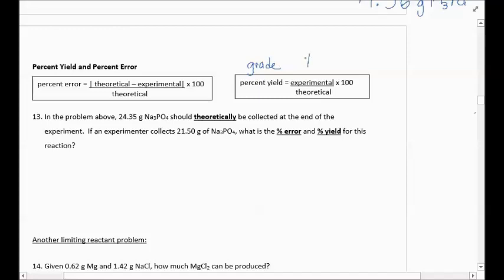Percent yield, the higher it is, or the closer to 100, the better your results are. Percent error is how far you are; you want to be close to 0.